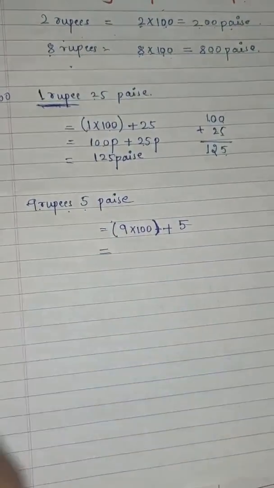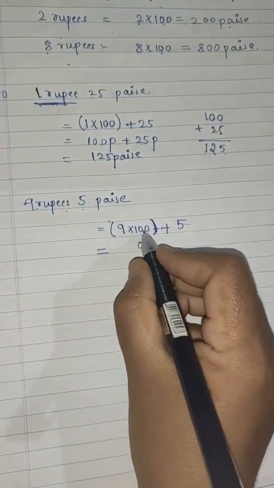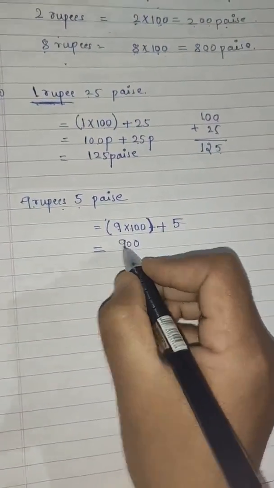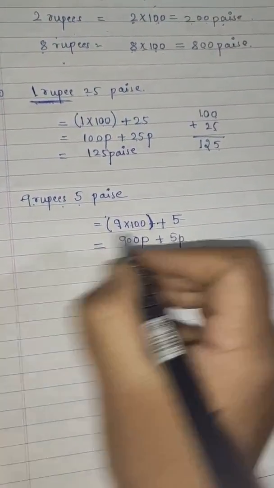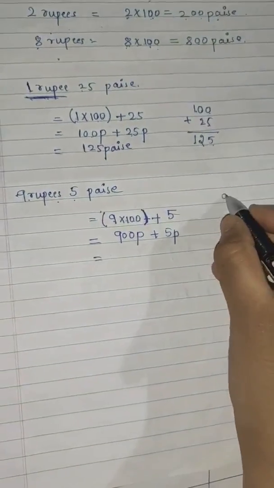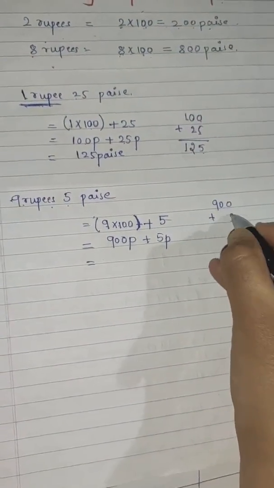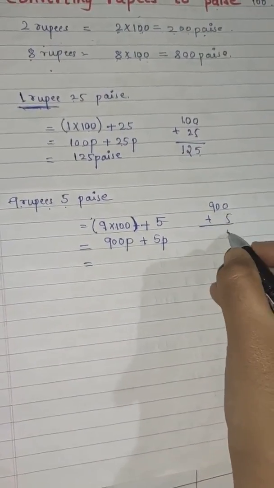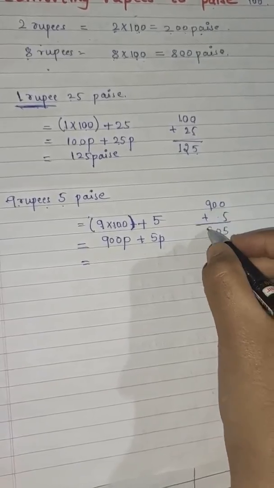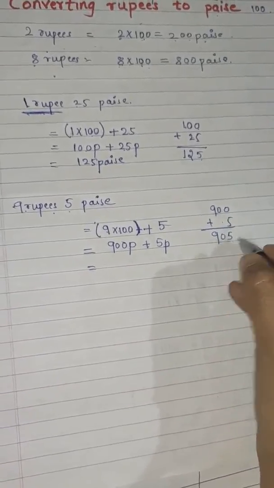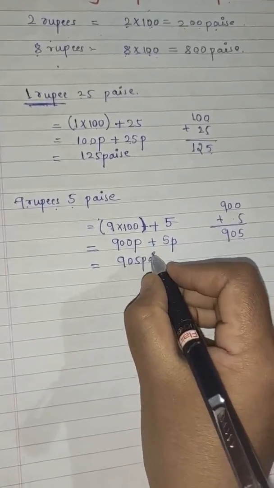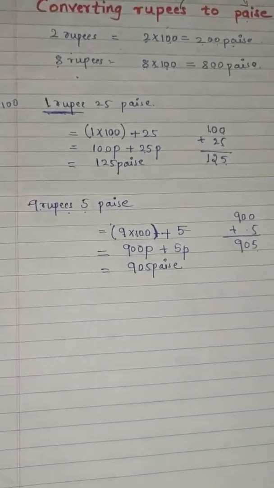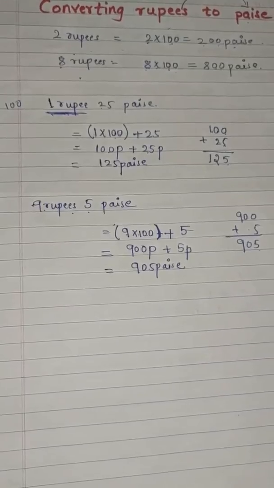So now let's multiply it. 900, 9 ones are 9. 900 paise plus 5 paise as it is. Now add it. 900 plus 5. So 0 plus 5, 5. 0 is 0. Then 9 is 9. So 905 paise. Understood, children, how to convert the rupee and paise into paise?